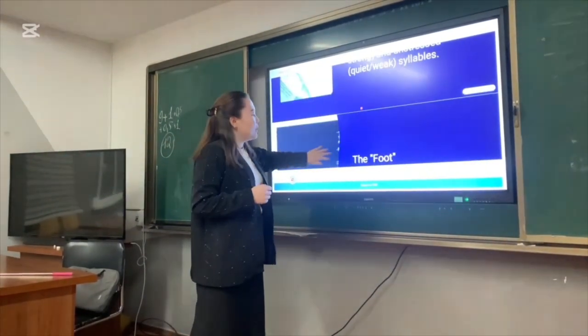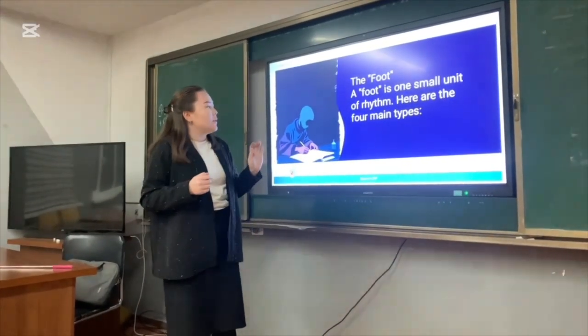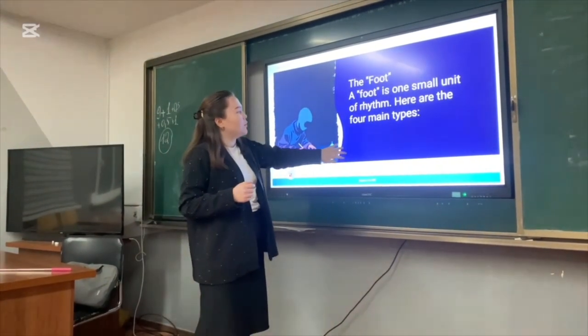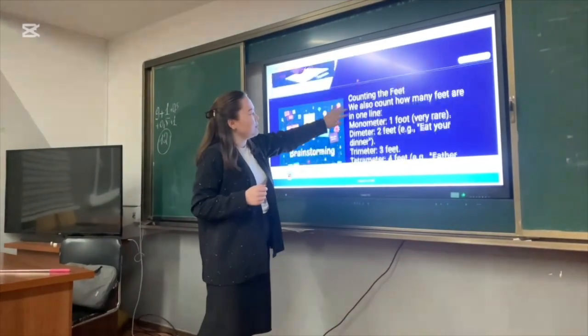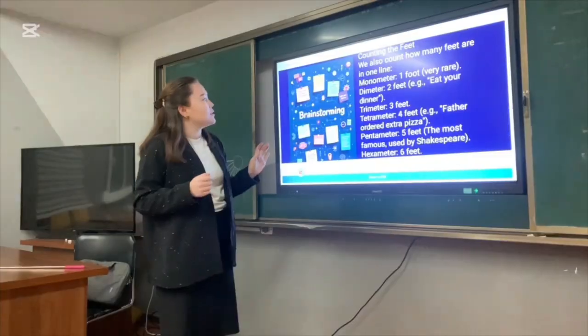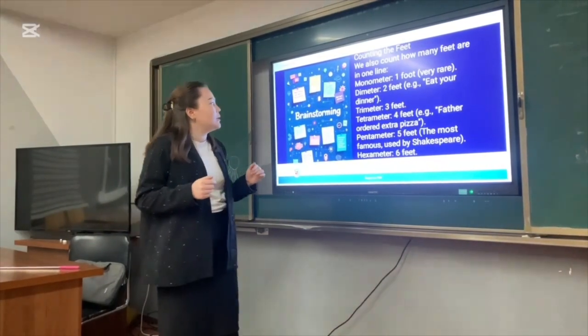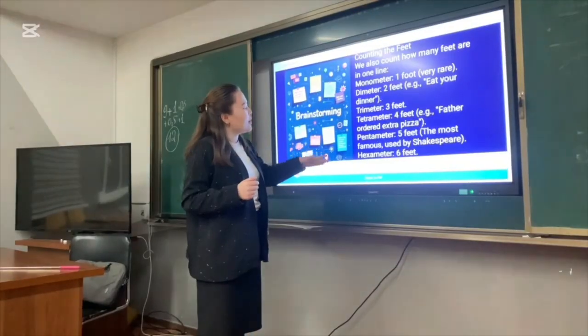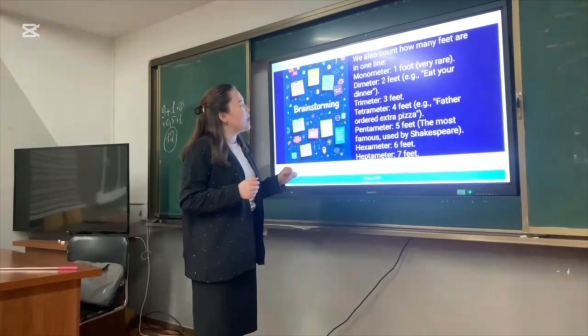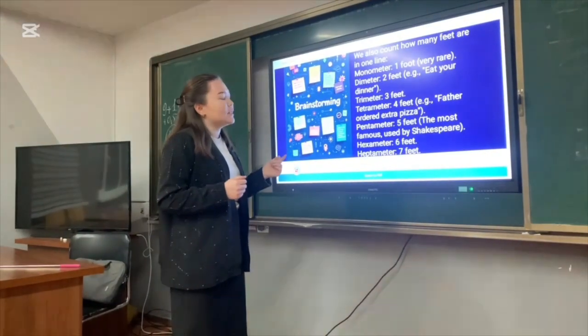Next is foot. Foot is the smallest unit of rhythm. There are main types, counting how many feet are in one line, and it is divided into several forms. First is monometer. It includes 1 foot. It comes very rarely.